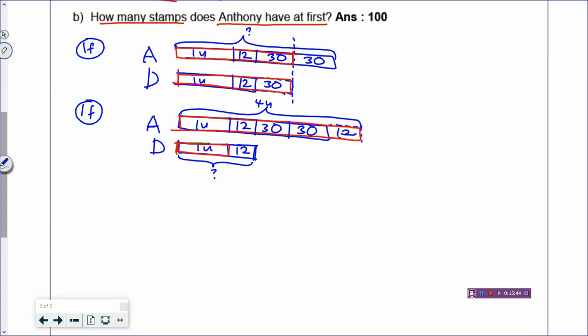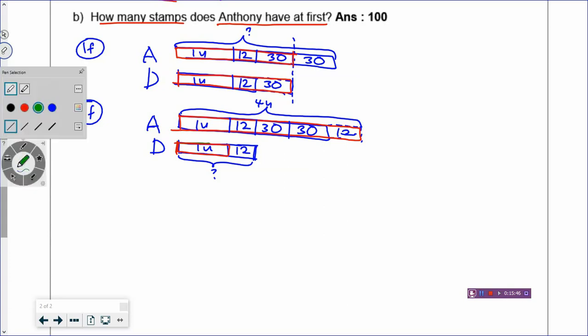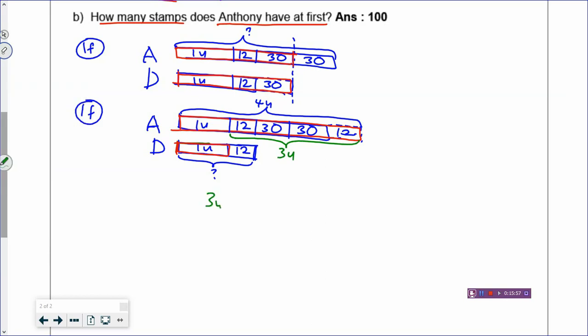All right, then what is the next step? Now let's look at Anthony. Can you see how many units now? Anthony has 4 units, and you minus 1 unit, you get 3 units, right? So 3 units will be equal to 12 plus 30 plus 30 plus 12. And that will give you 84.